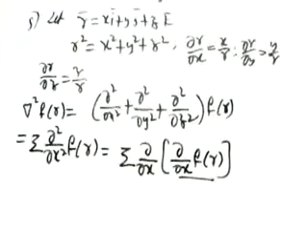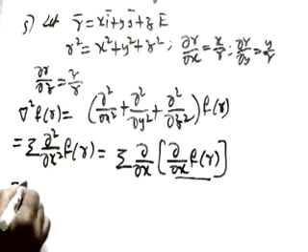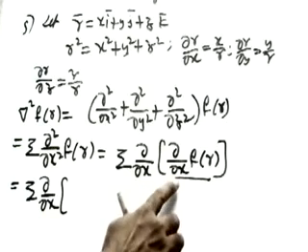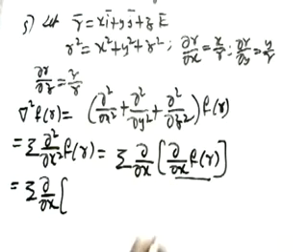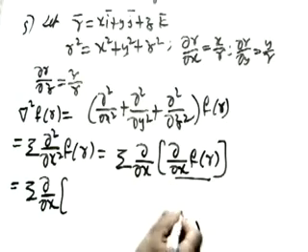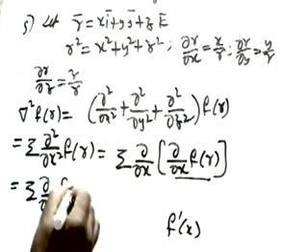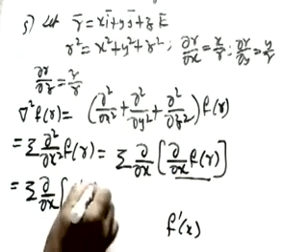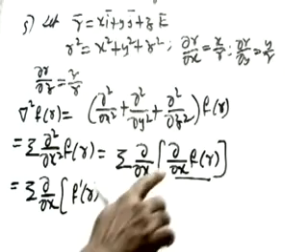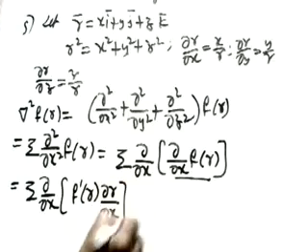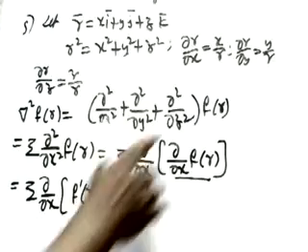Now let me solve this one. See here, we write sigma ∂/∂x as it is. Now d/dx of f(x) will become f'(x). Whenever we differentiate f(x), it will become f'(x). So when we differentiate f(r), it will become f'(r). But we are differentiating with respect to x, so we have to write ∂r/∂x.